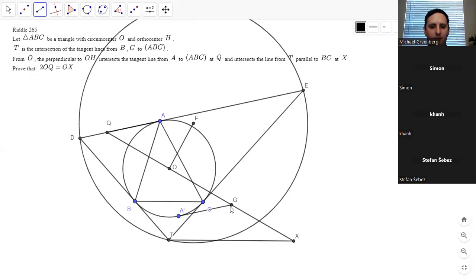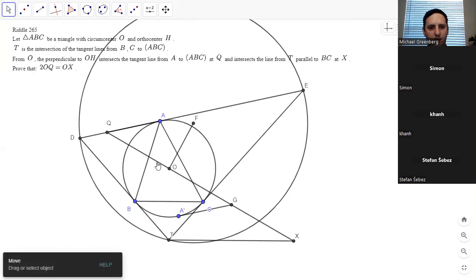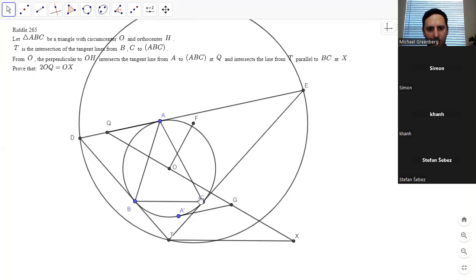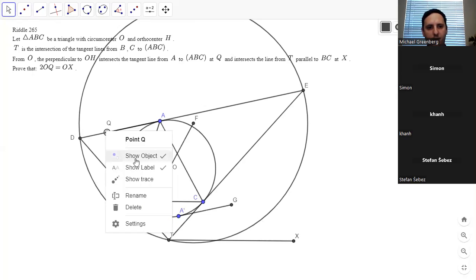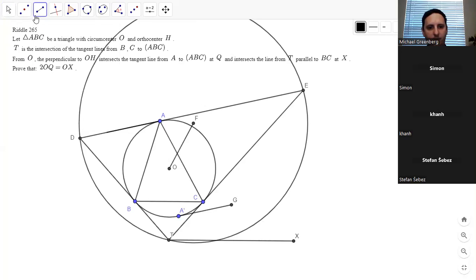So yeah, we don't need to define point Q anymore. Just define point X and G, and then maybe we can work on it.